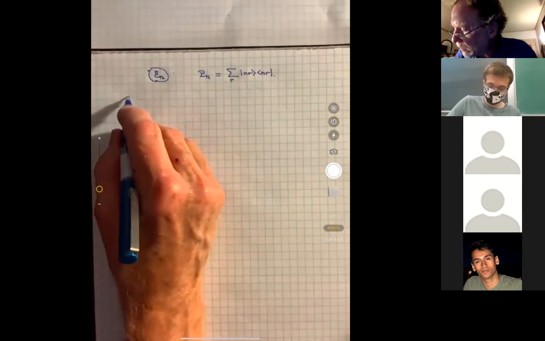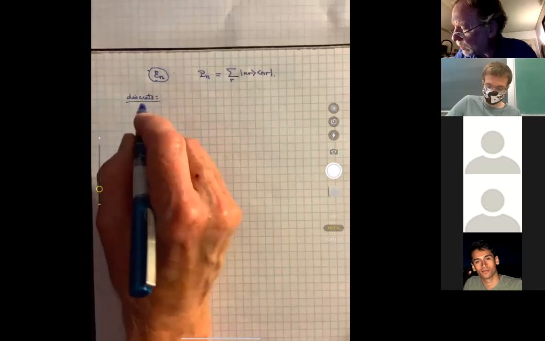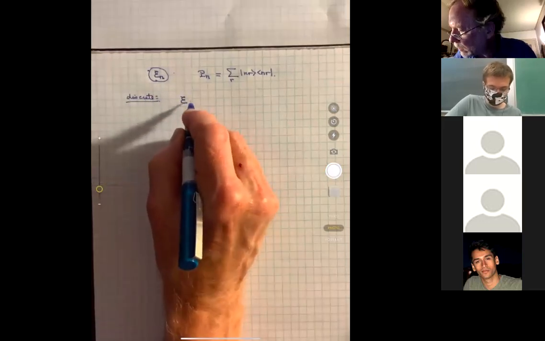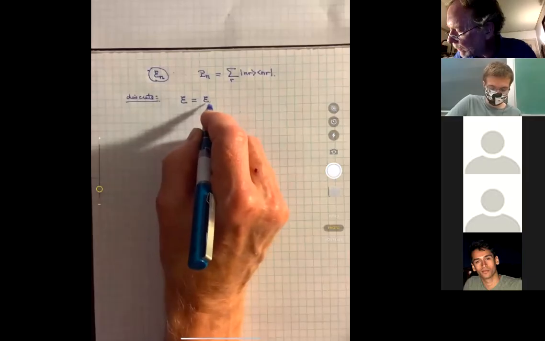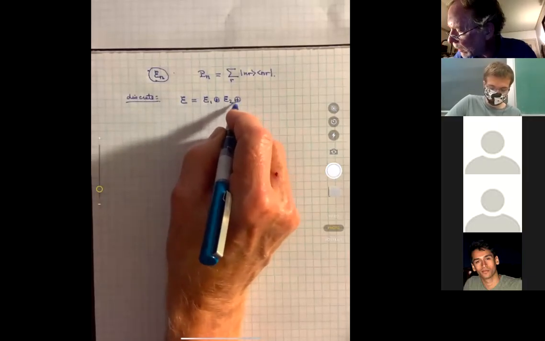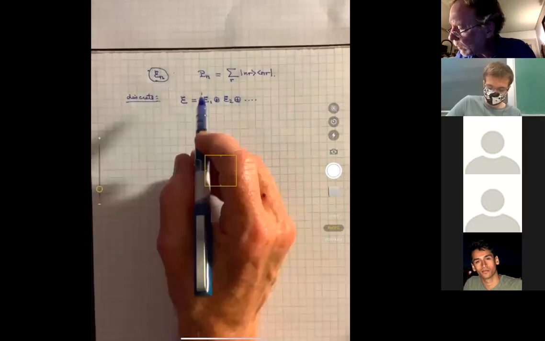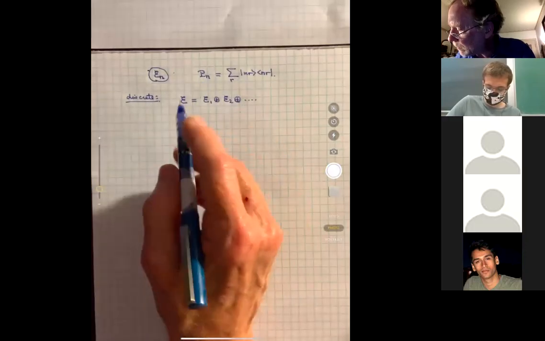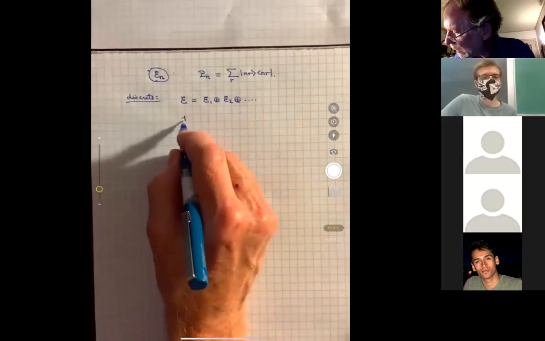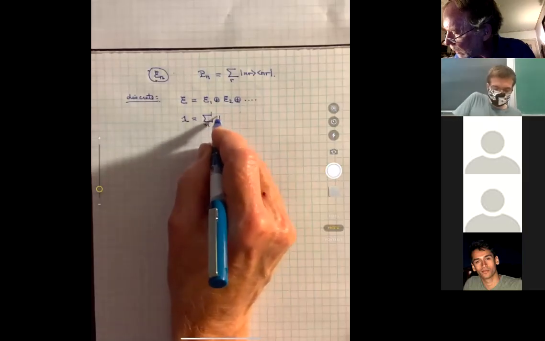In the case of the discrete spectrum, either finite or infinite dimensional, we had the fact that the total Hilbert space was the direct sum of the eigenspaces corresponding to the various eigenvalues going on out like that. Well, there's an equivalent statement that can be expressed in terms of projection operators. It is that the identity is equal to the sum on n of the projection operators Pn.